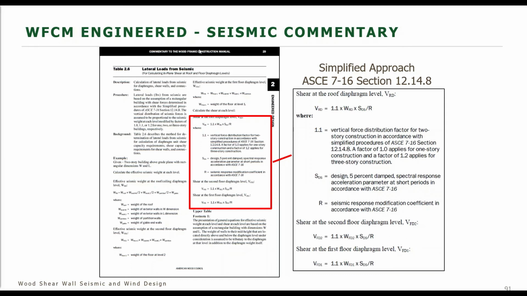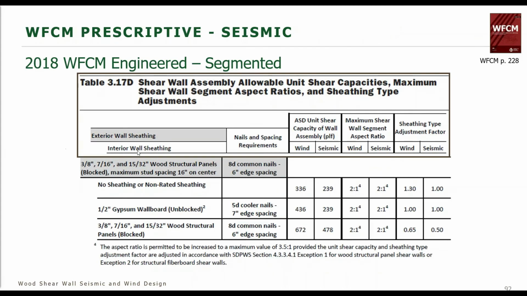So all of that is incorporated in the equation that's shown here for the second floor and the first floor. And then you can have 3 stories based on the criteria of the Wood Frame Construction Manual. So there's no black box. It's per ASCE 7-16.